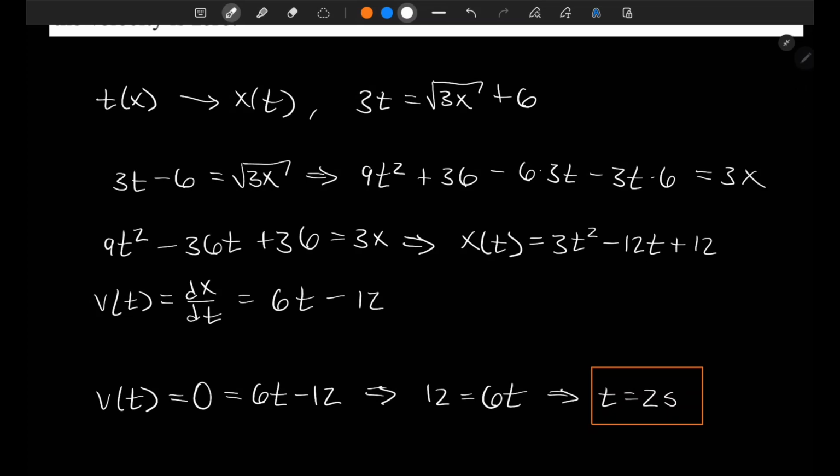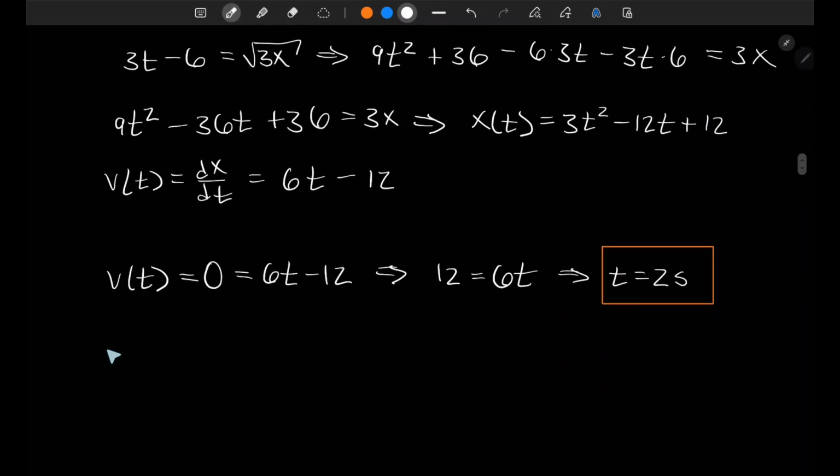Just plugging in 2 seconds to x of t, we get that x at 2 seconds, which is when the velocity is 0, is equal to 3 times 2 squared minus 12 times 2 plus 12.